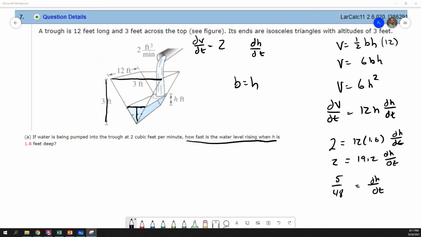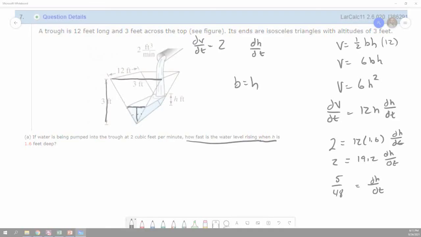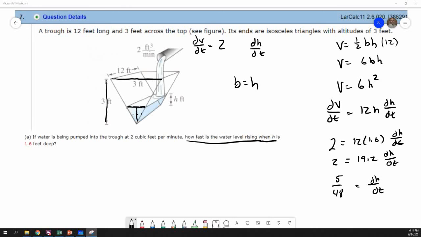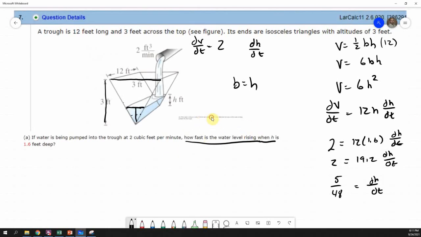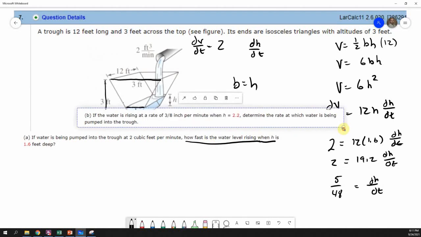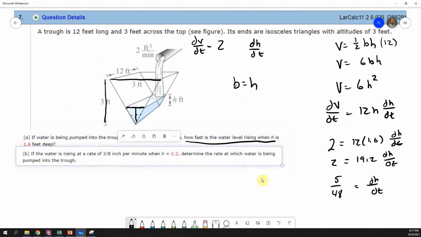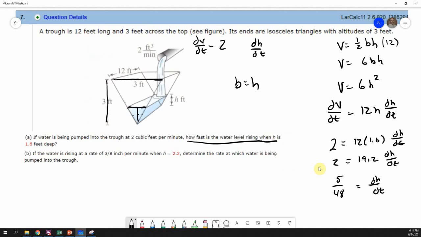All right. Now part B says that if the water is rising at a rate of 3/8 inch per minute when h equals 2.2, determine the rate at which the water is being pumped into the trough.